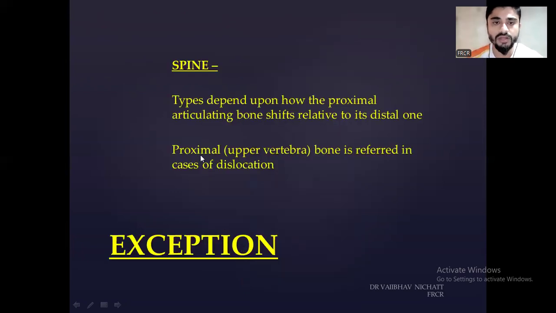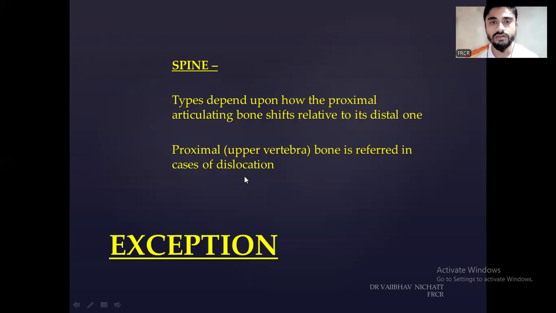Now coming to the exception, the spine is the exception. Spine is the only place where dislocations are described when the proximal articulating bone shifts relative to the distal one. That means the upper, superior vertebra is taken into account in spinal dislocations.